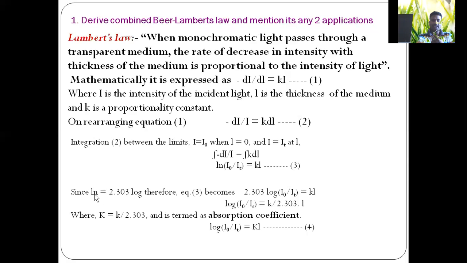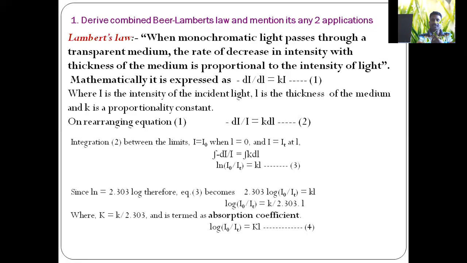Next here, we know that ln is equal to 2.303 into log. ln is natural logarithm and log is common logarithm. So by changing into common logarithm, we get the equation here 2.303 into log of I0 by IT is equal to kL. Instead of ln, we have taken here 2.303 into log.